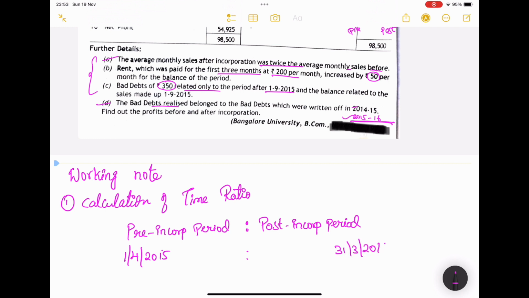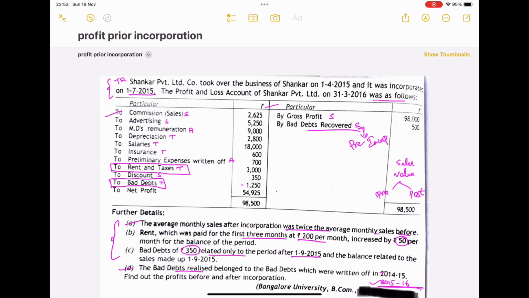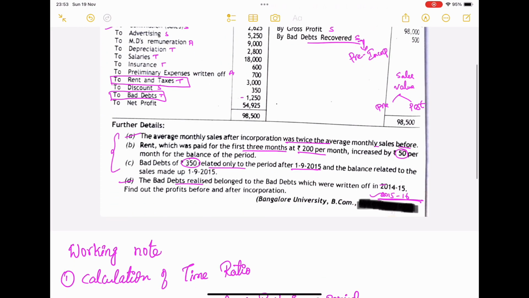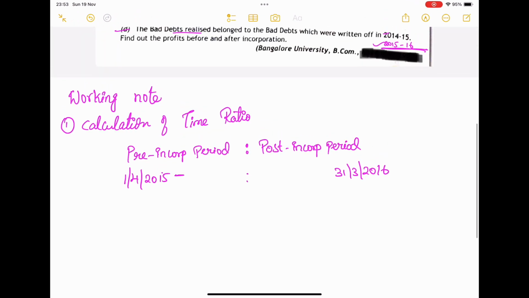So here what they have mentioned in the question is the company was, just a second, incorporated on 1st July 2015.